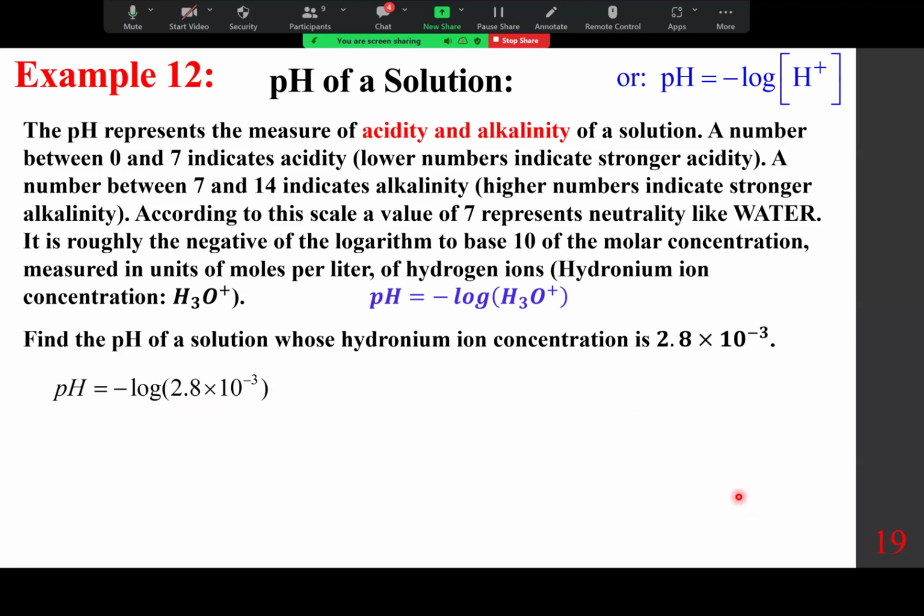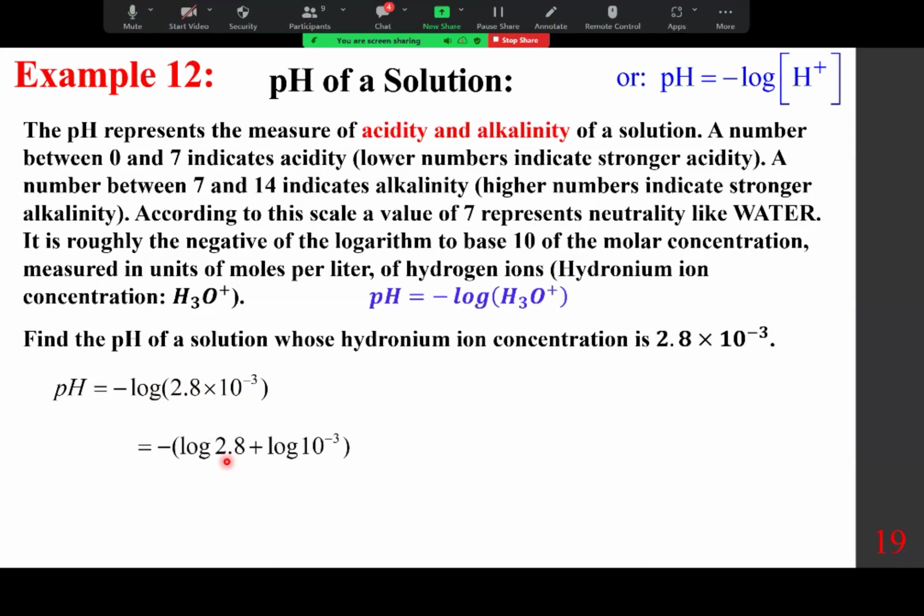But if I want to use it just the way it is, I'm going to show you the properties that are coming up. You don't have to worry about these properties yet. We will discuss that. So minus log of this and this. You are going to use the product rule. So we are going to use log of this plus log of this.